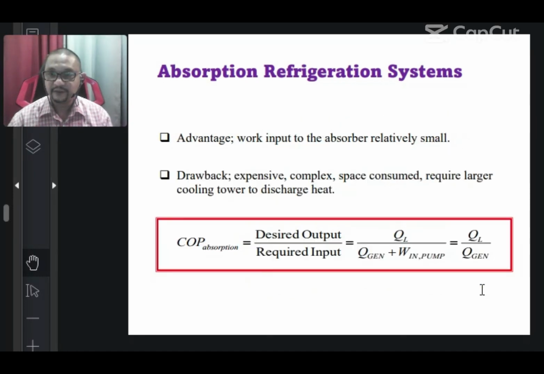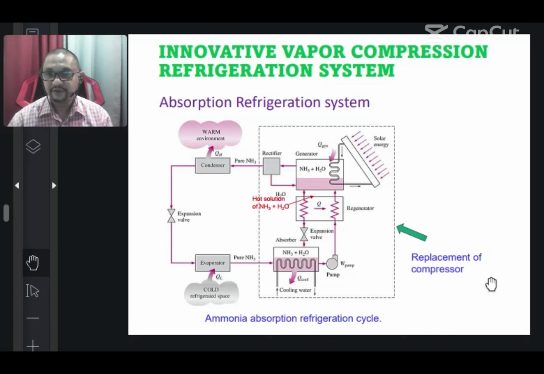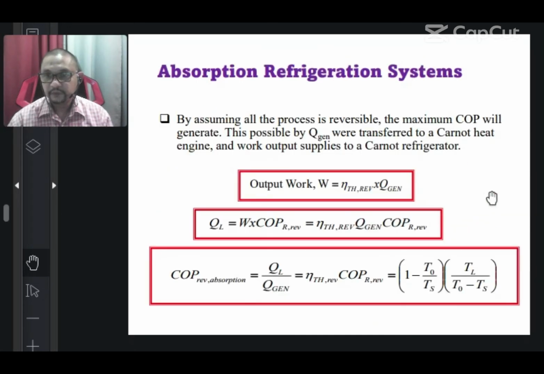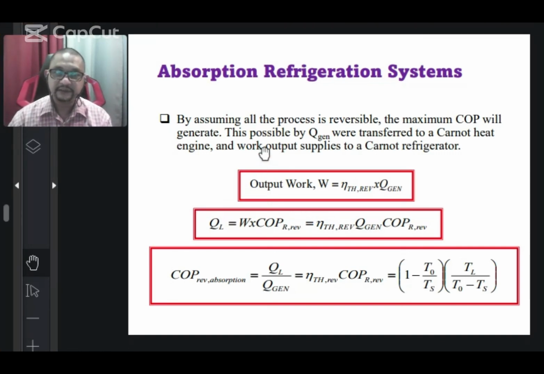What is TO? What is TS? TO is the temperature at the environment. TS is the temperature at the source.